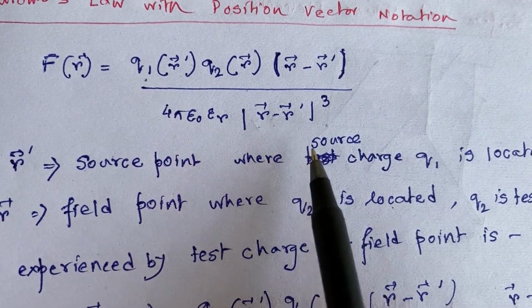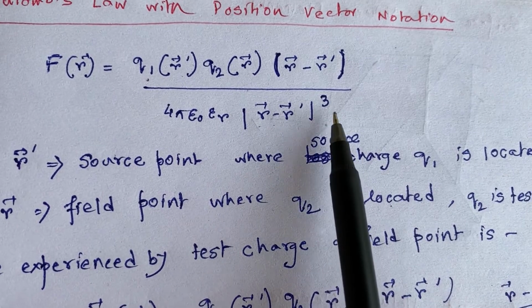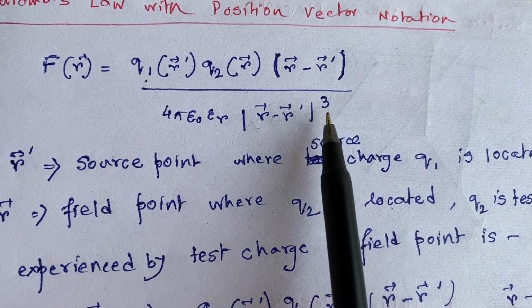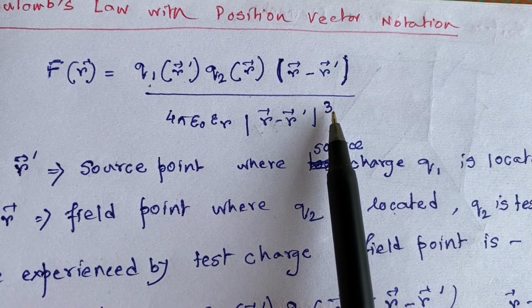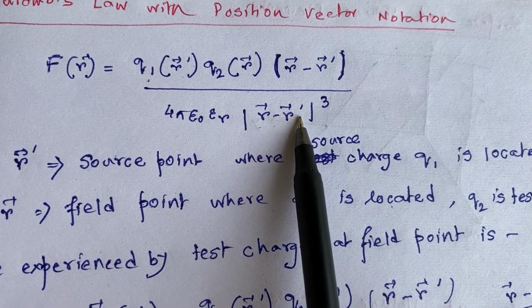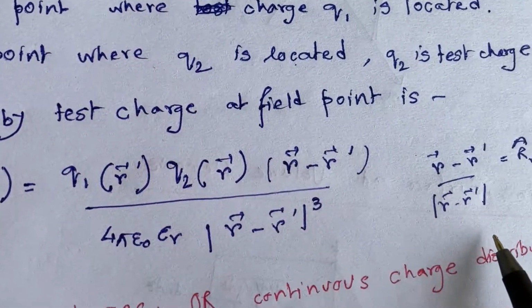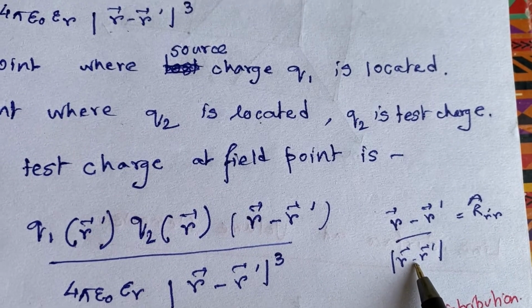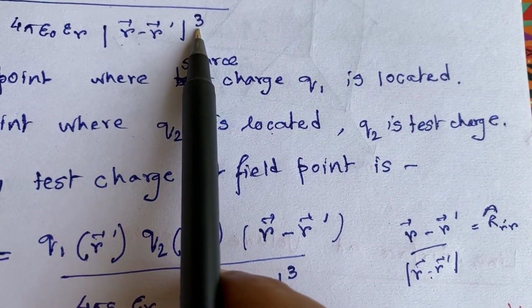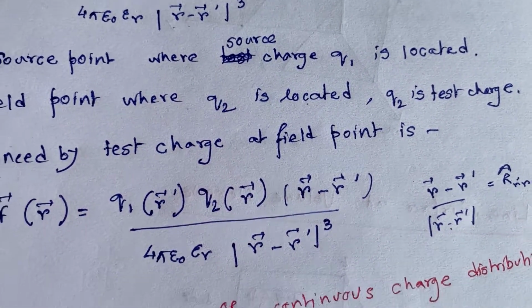But as I am writing the unit vector, the R minus R prime in the denominator of the unit vector makes this to the power 3.